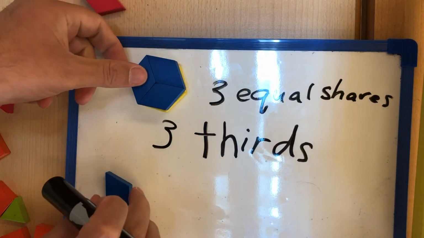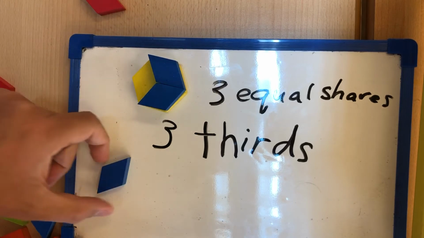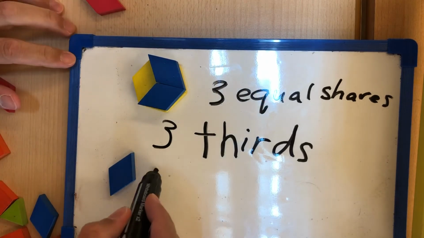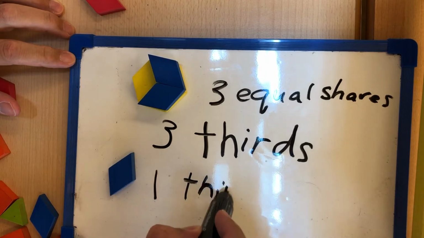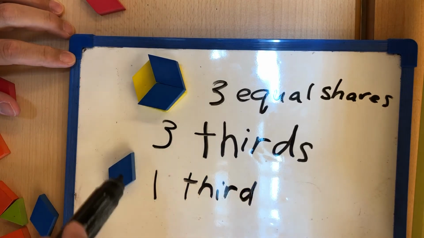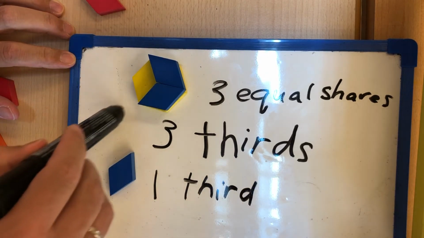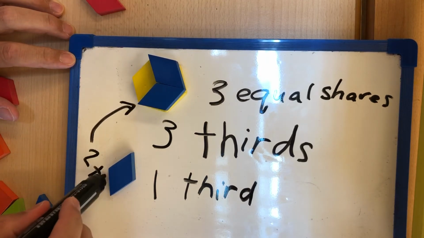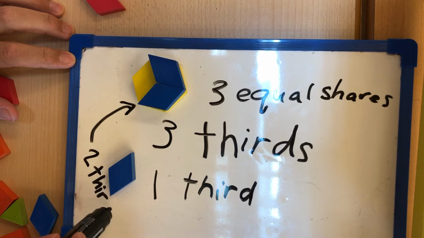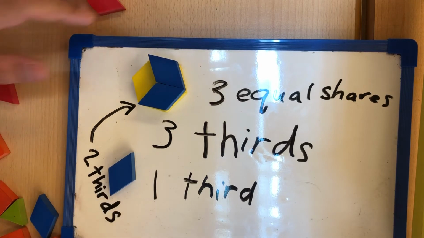Now, if I take one piece away, this piece becomes 1/3. I've taken away 1/3, and up here I have left 2/3 because there's 2 of the 3 pieces still there.